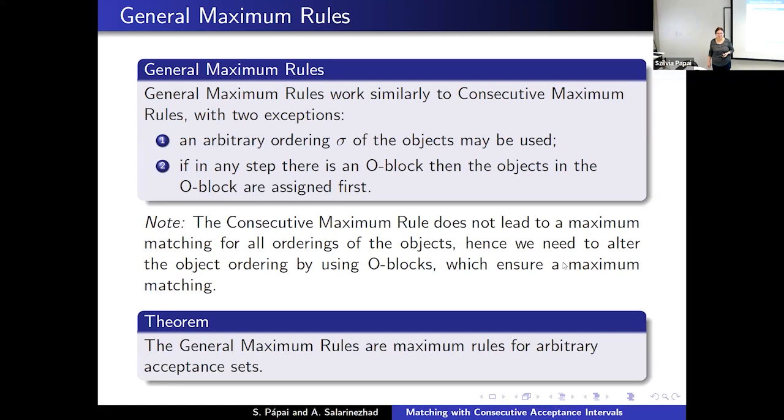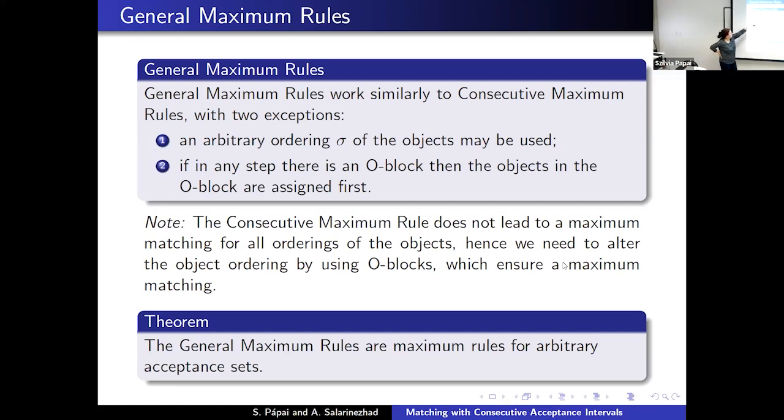Can there be a conflict between O blocks? Like if you have two O blocks at the same time, couldn't you have to take into account several of them? So you mean overlapping O blocks? Yes. That's a good question.